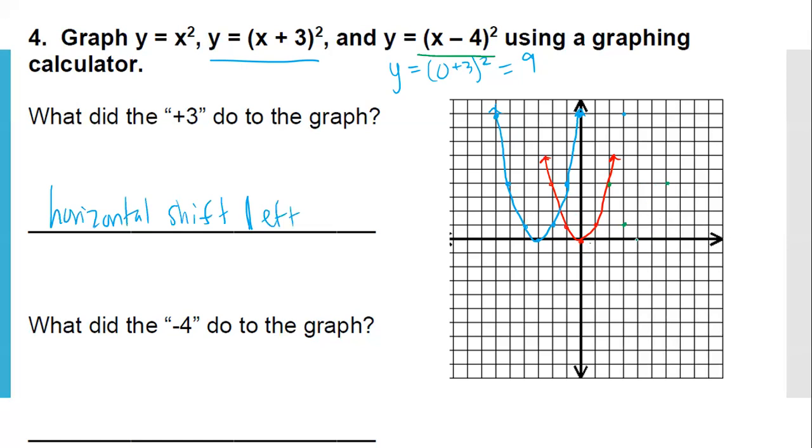And then last but not least. So this would make a horizontal shift right.